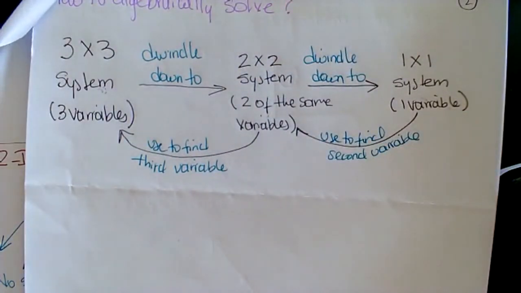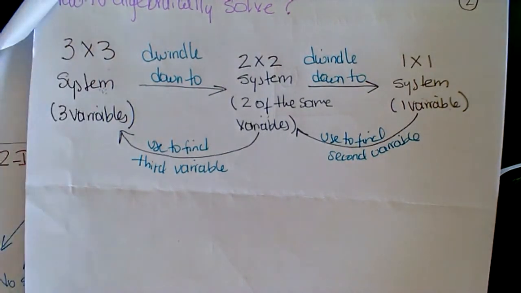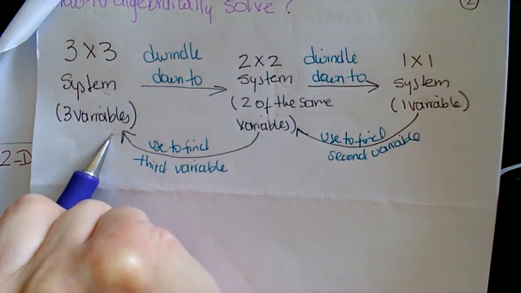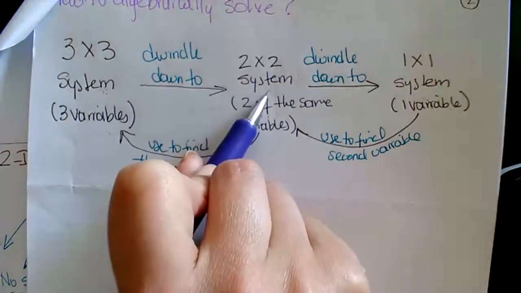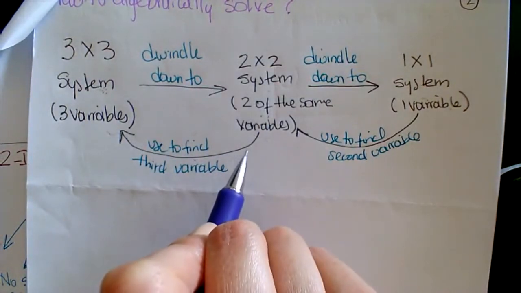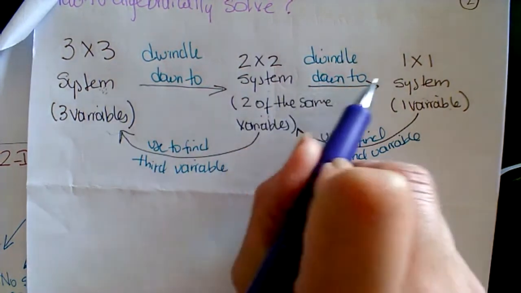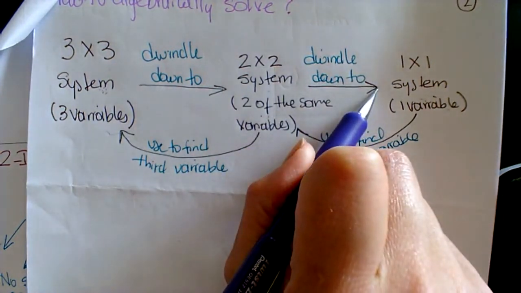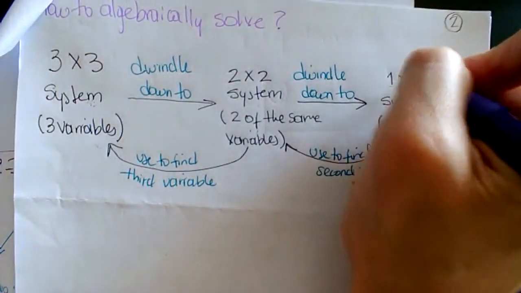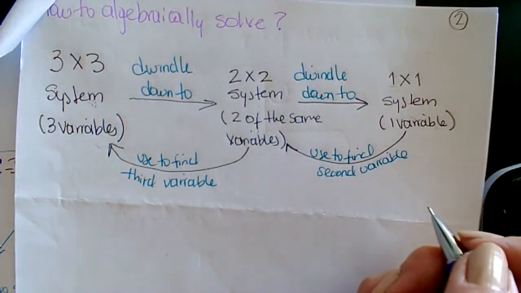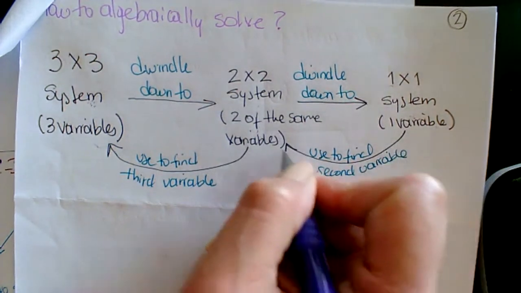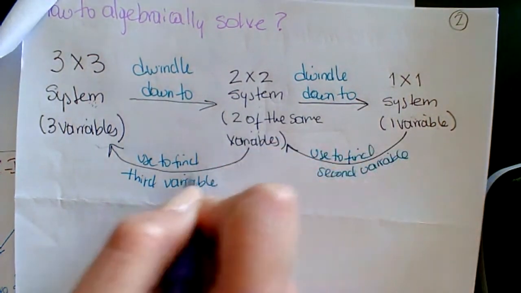We are going to go from a system of 3 variables, and draw it down to a 2 by 2 system, 2 of the same variables, down to a 1 by 1 system to find the third variable.